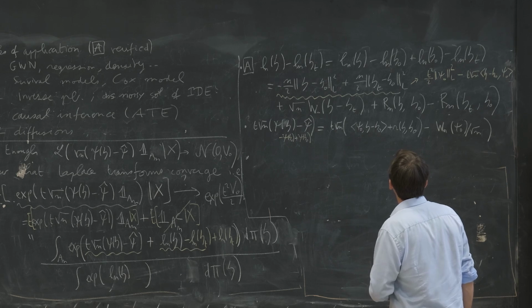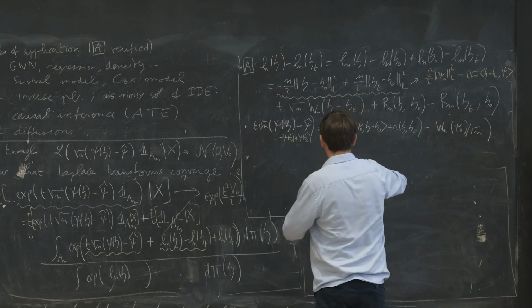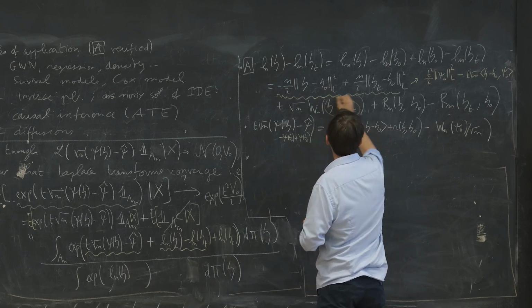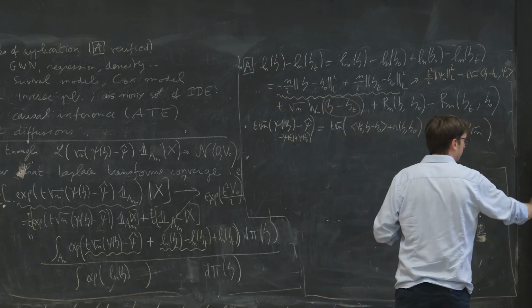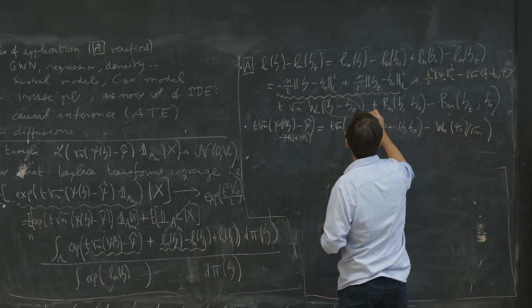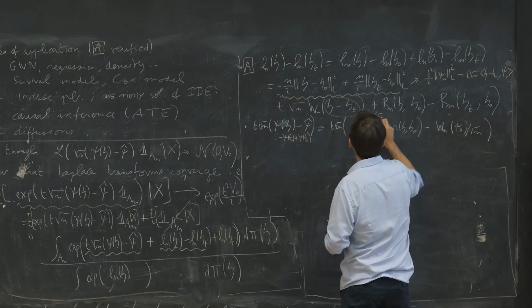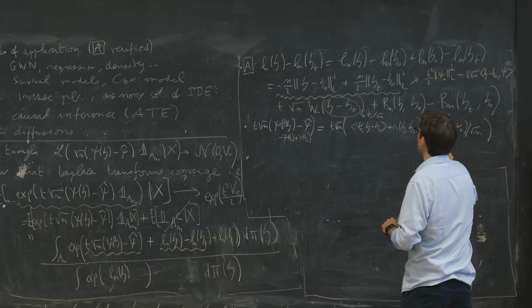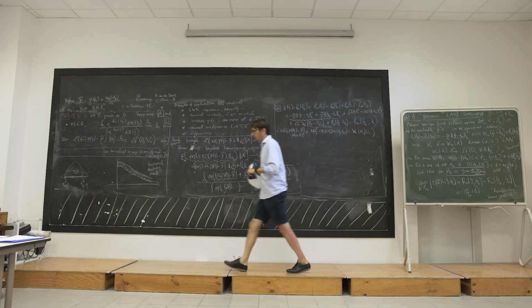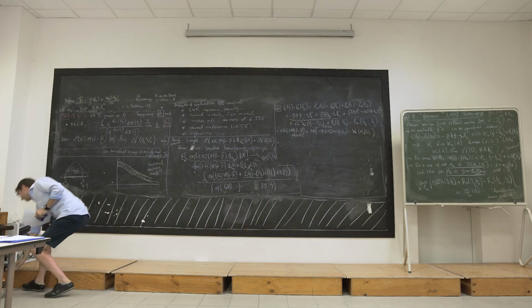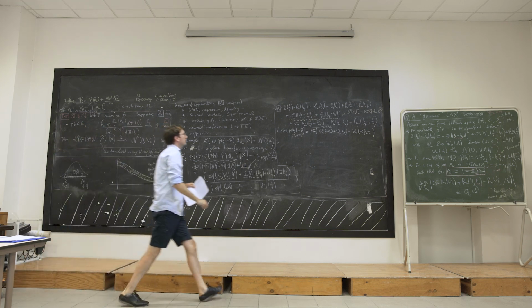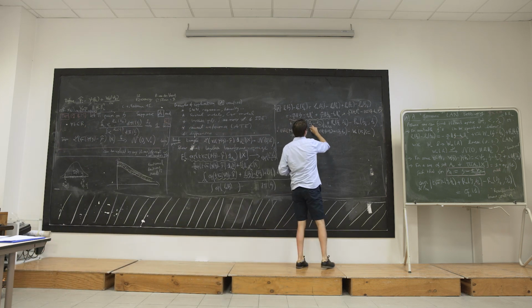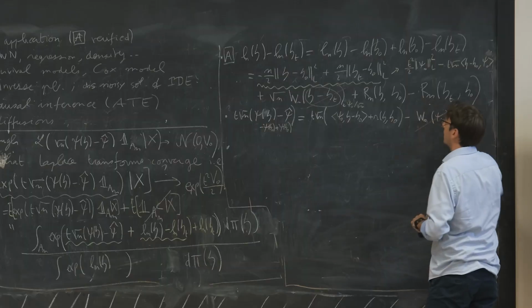So eta minus eta t, what is this? It is t psi 0 divided by square root n. So you see that it will cancel this one. If you allow me to cross here, this will cancel this one.